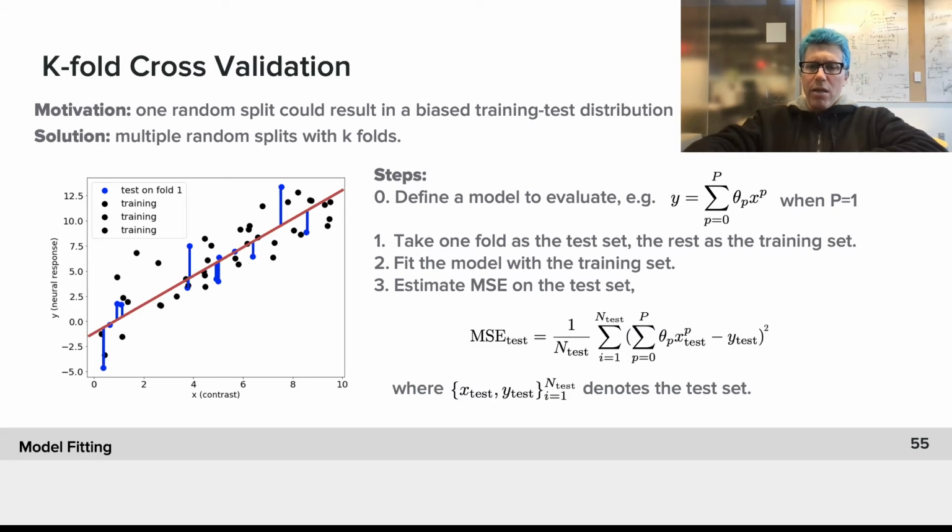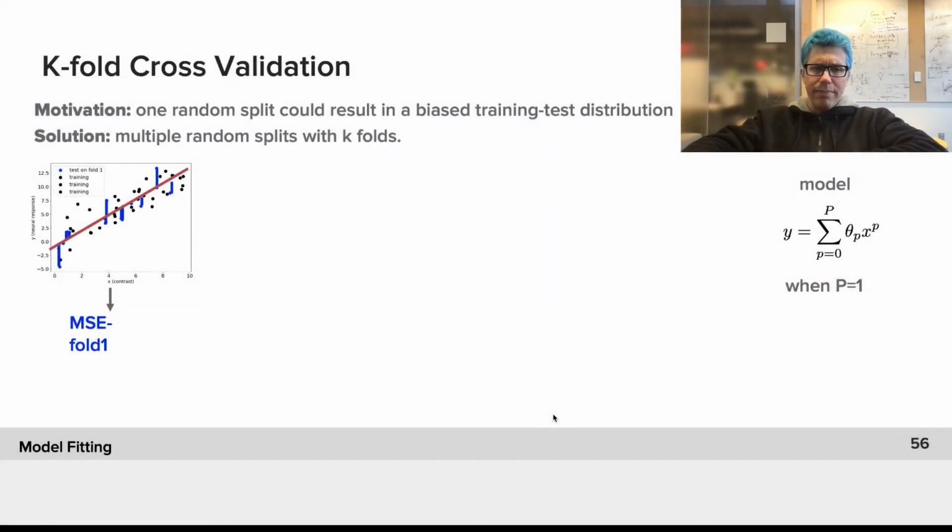And then we calculate the testing mean squared error as the sum over all the tests here of the errors that were made on that corresponding test, where this is our definition of the test set.